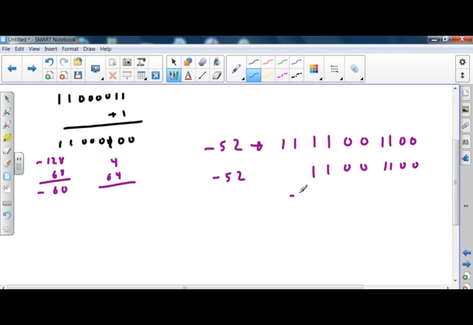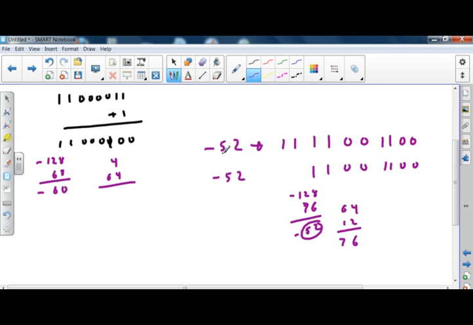This is minus 128, and then this is a 64, and that's an 8, 4. So this is 76. Subtract 76 from 128, minus 52.